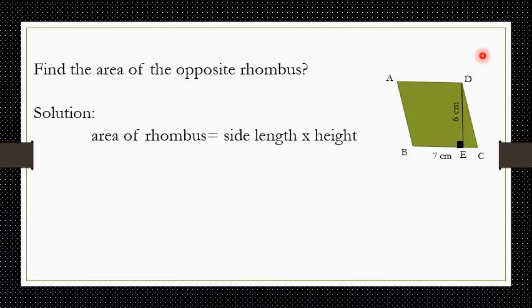Solution. At first, the formula of area of rhombus equals side length by height. Side length equals 7 centimeter and height equals 6 centimeter. So substitute in the formula. So area equals 7 by 6 equals 42 centimeter square.